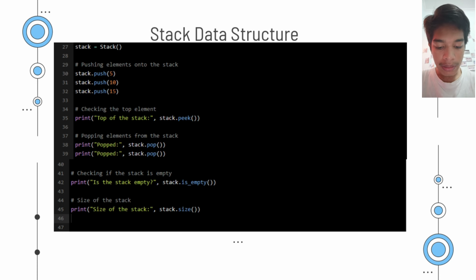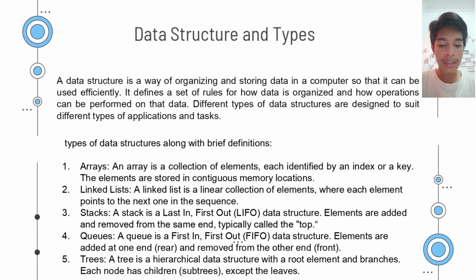Okay, so next we're gonna go to types of data structures. Everyone knows about types of data structures. A data structure is a way of organizing and storing data in a computer so that it can be used efficiently.